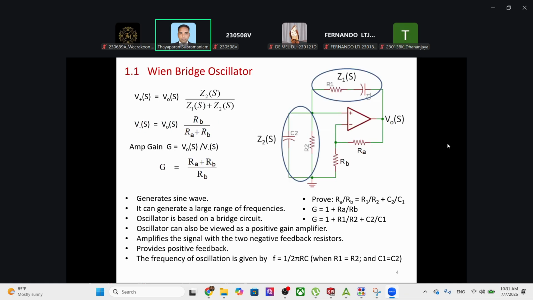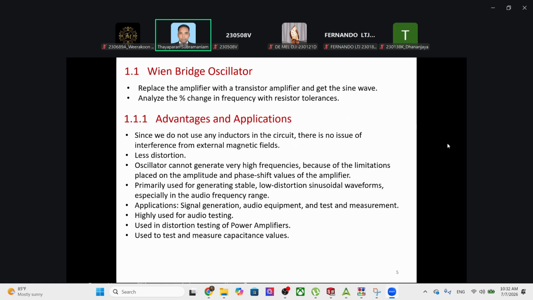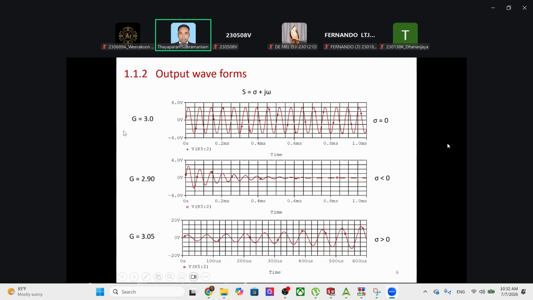Okay, now if you go back and look at it, what's the feedback? V out divided by set1 plus set2 into set2, right? So the gain of the A beta has to be 3, a little bit lower than 3 or a little bit higher than 3.